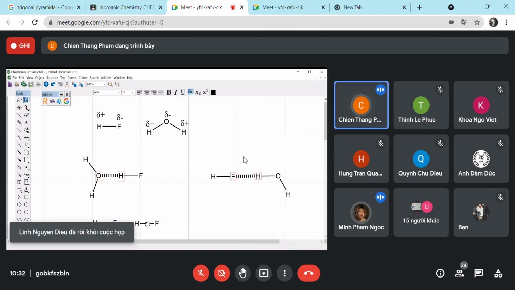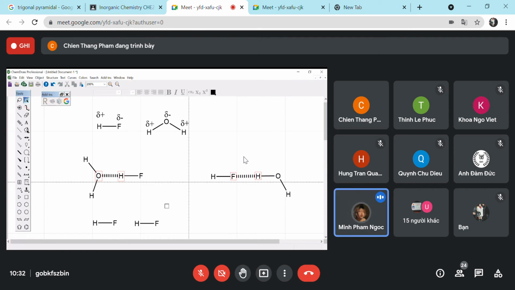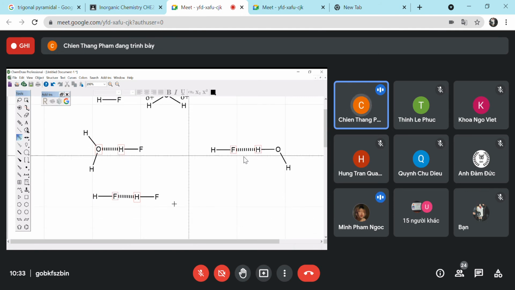Why do you say there is no hydrogen bond between HF and HF? I think I'm wrong. Okay, you can see positive charge on hydrogen and negative charge on fluorine. So this one is another type of hydrogen bond. Is that all of the hydrogen bond types or is there another type? I think it's enough. No, it's not.